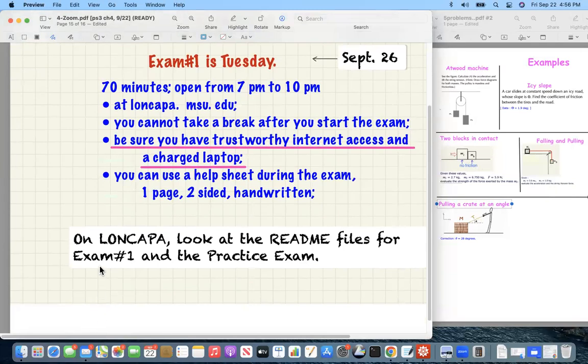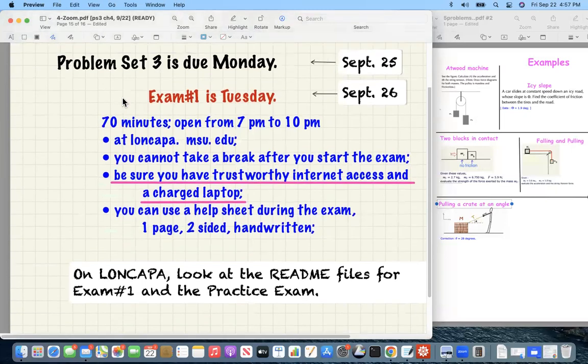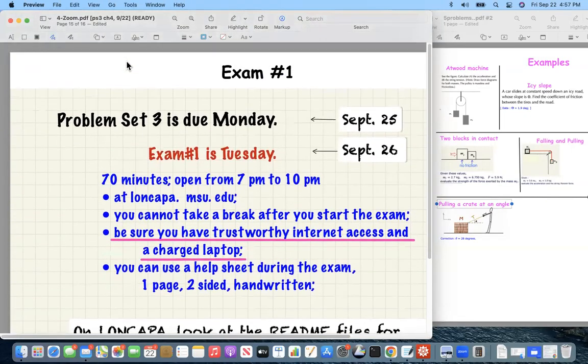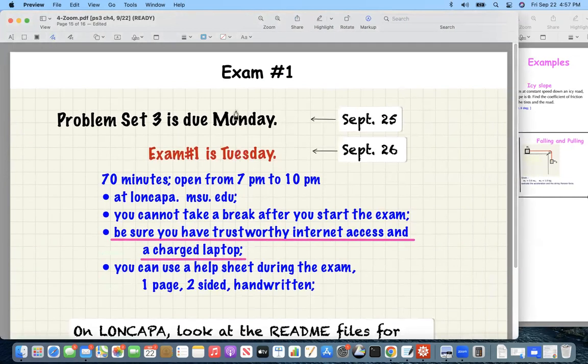Now, I want to make sure I have enough time to talk about exam 1. So this problem set 3 is due Monday, September 25th.